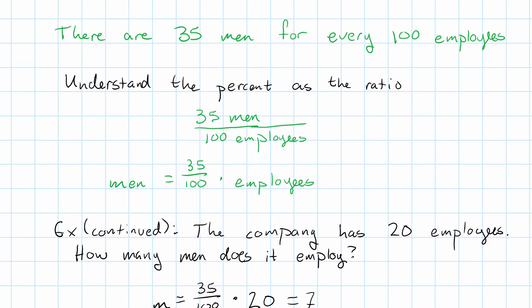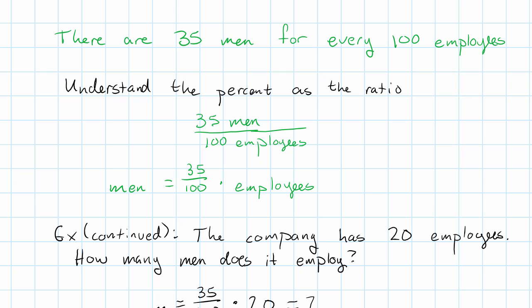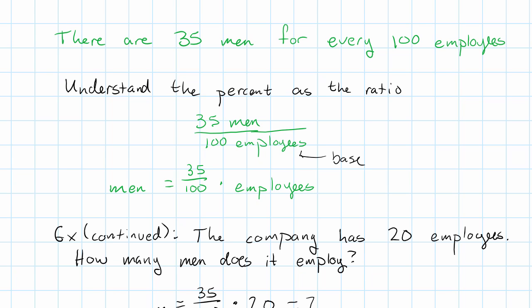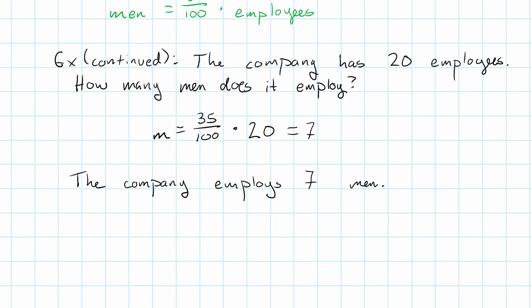Now, in this example, the number of employees was the base, and the number of men was the portion. The percent is understood as the ratio of the portion to the base. Well, we can use that to write an equation in general.